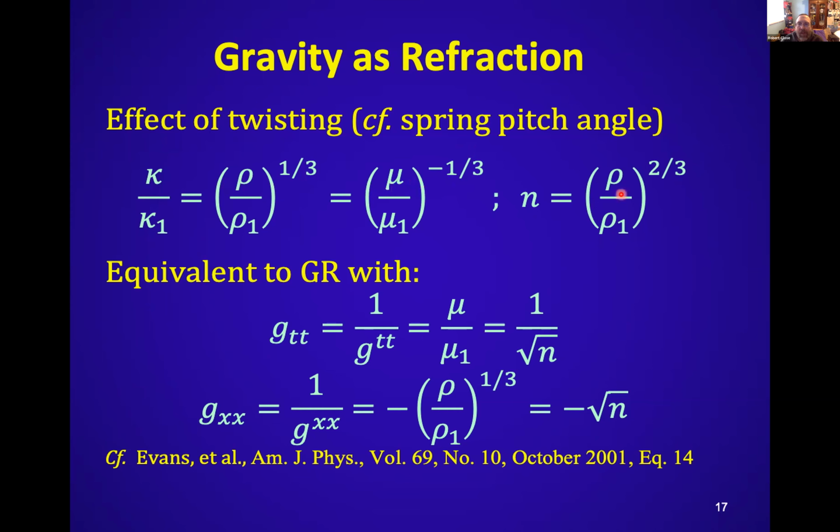So the index of refraction goes like density to the 2/3 power. This is entirely equivalent to general relativity, with the temporal metric components going like 1/(n), and the spatial metric components go like (-)(n). There's an interesting paper by Evans explaining why that's equivalent to general relativity.